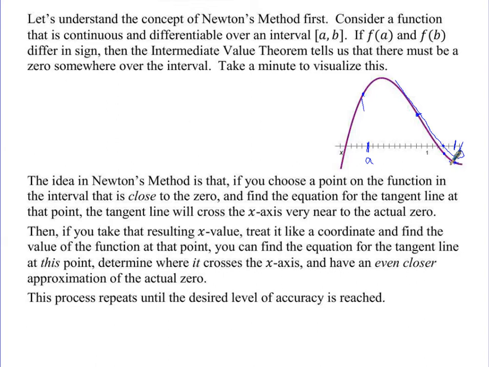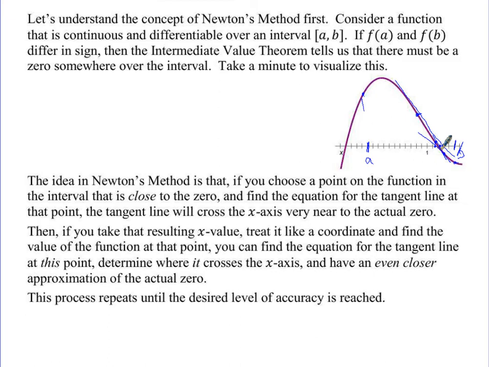So now I can make a new tangent line that goes through that ordered pair. It will cross the x-axis somewhere very close to the actual zero. Wherever that line crosses the x-axis gives me a new x-coordinate that I can then plug into my function to get a new ordered pair. Then I can do that again, a new tangent line that goes through the x-axis, and now you can see that I'm getting very close to that actual zero.